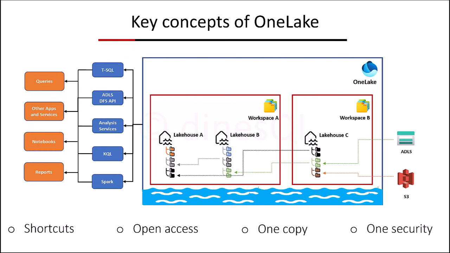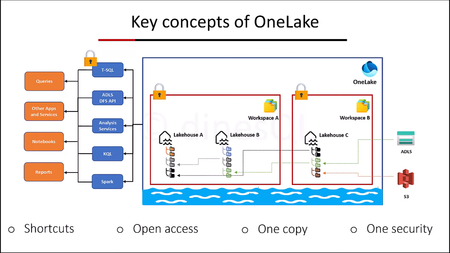The last part is security. So I explained that when it comes to workspaces, it allows you to manage security at the workspace. So you can define your own admin for the workspace. That admin can simply handle the security within the workspace. In addition to that, you can actually use the compute environment or the analytical engine for implementing security, right? So you can define security at the workspace level or the compute level.